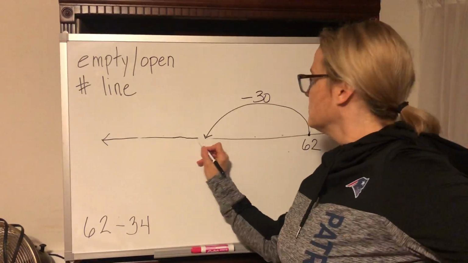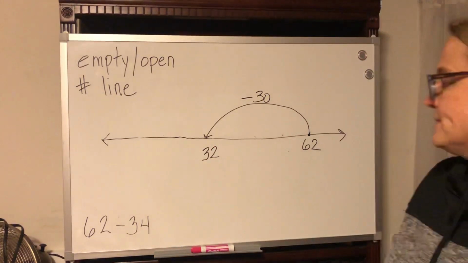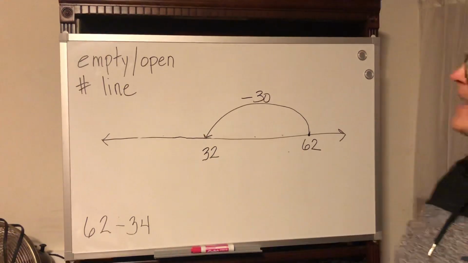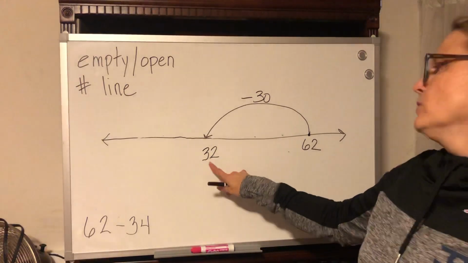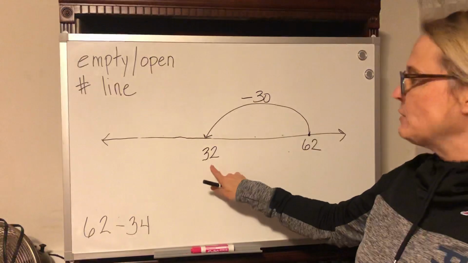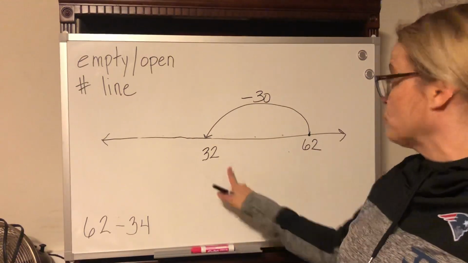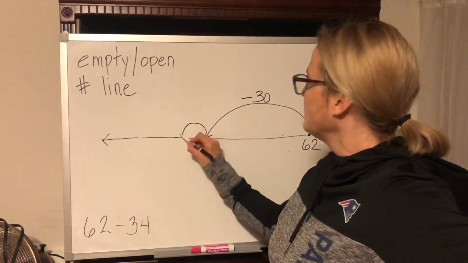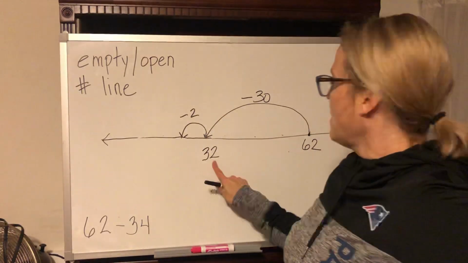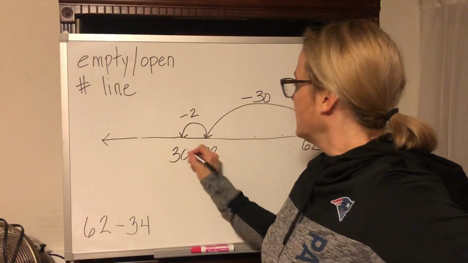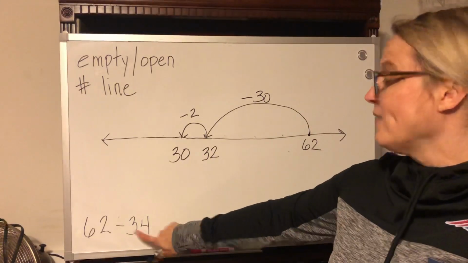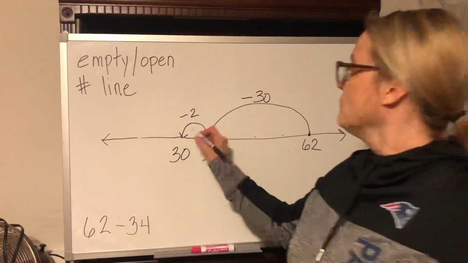Now, I'm going to take away my 1s. It's not really that easy for me; I have to do a little bit more thinking if I'm going to try to take 4 away from this. So I'm still going to break this apart. Now I'm going to take the 2 so I can get to a friendly number. So I'm going to say minus 2, and this is going to become 30. And since I only took 2, I've got to take another 2, so I take the full 4.